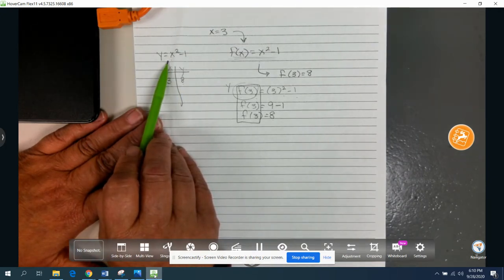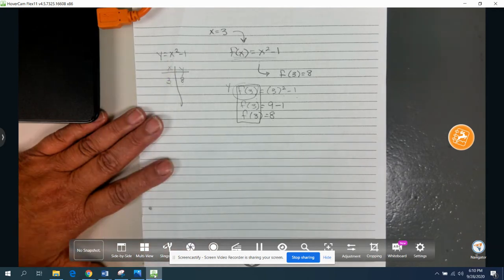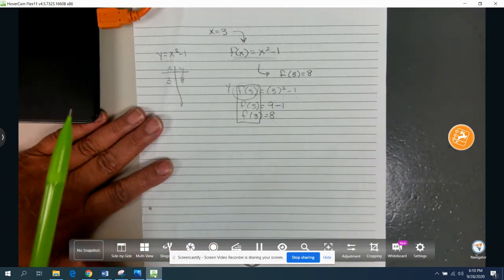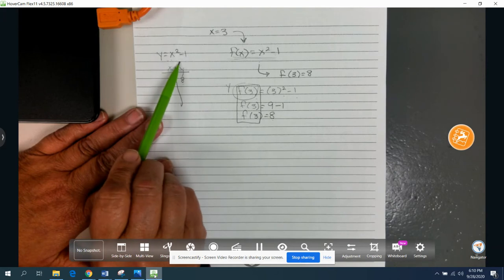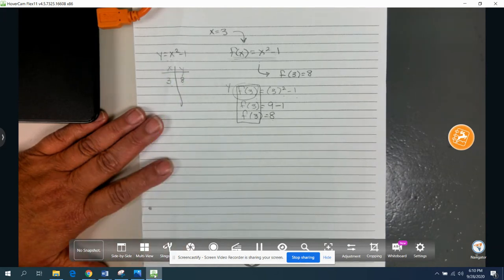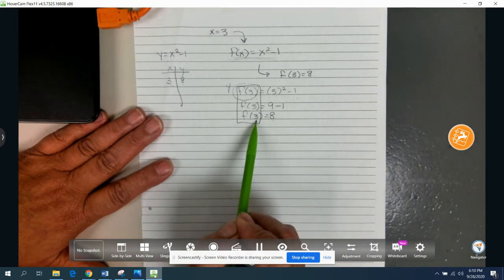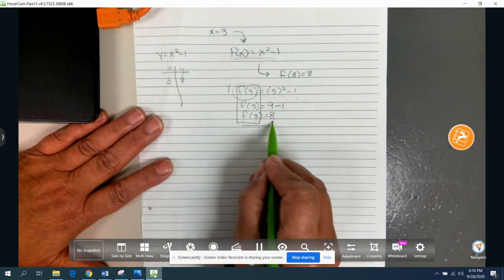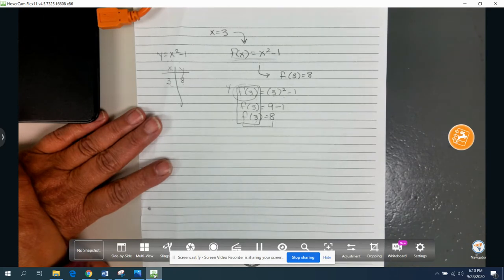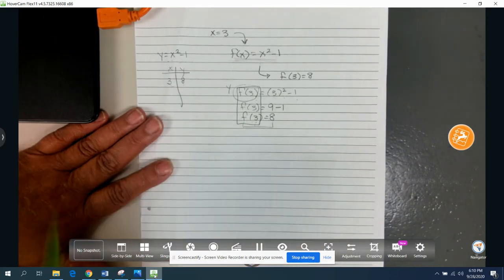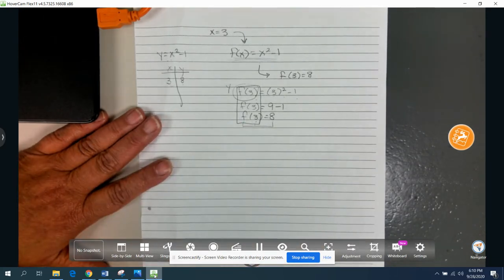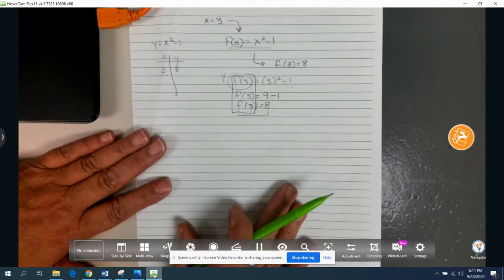It says find y when x is 3, so you have to go through all that information. So I would have to tell you what the input is if we were trying to find the value here. Whereas if I see this, I automatically know in my answer the coordinate point, I know the input, I know the output. So the notation is just different. It's all the same stuff you've been doing before.